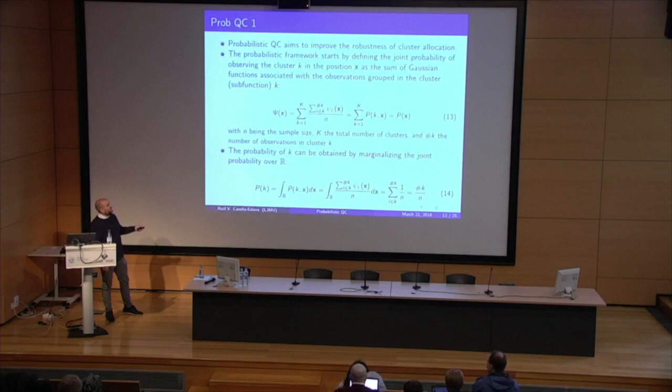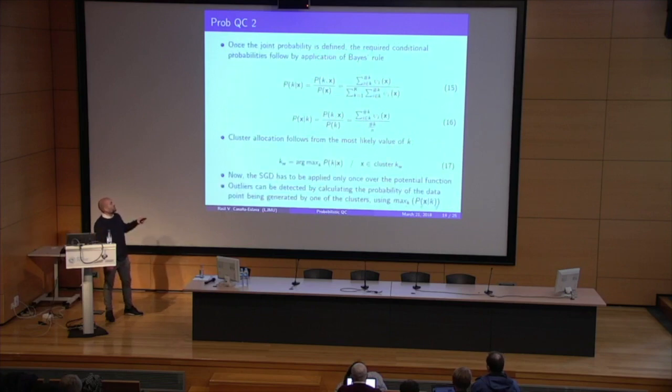Once we have defined the joint probability, we can apply all the Bayesian statistics. For instance, if we marginalize over the real space, we can obtain the probability to find the cluster K in our input space.